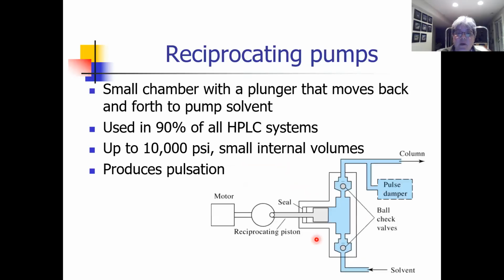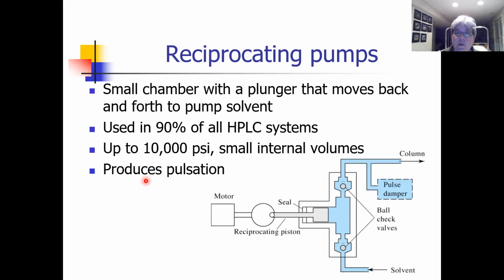Okay, so for the pump, over 90% of the systems use this thing called a reciprocating pump. You can see there's a small chamber here with a piston, and basically it sucks in solvent, and then it pushes it out. That's how a reciprocating pump works. And notice it can go up to the pressures that we need, even higher.